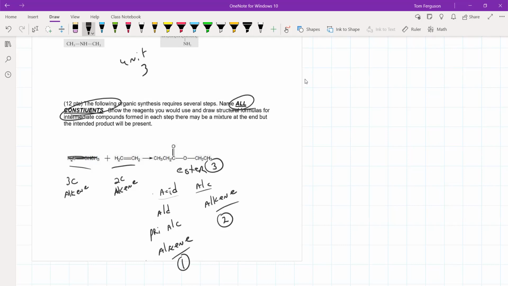Rather than 3 carbon, we're going to do a 2 carbon. Okay, so let's start with, we're going to add some water, and then that's going to produce ethanol.